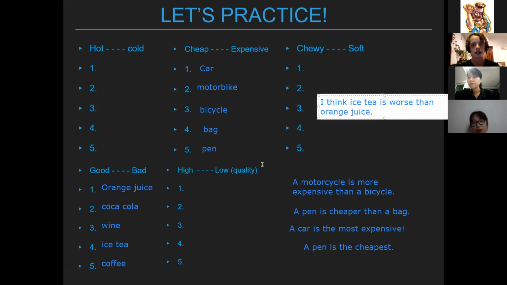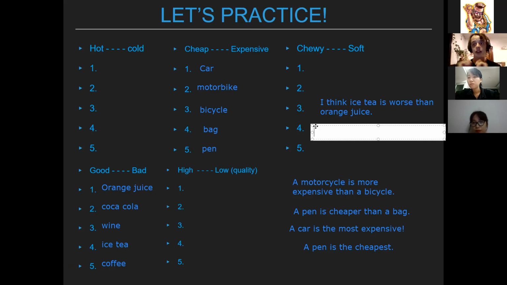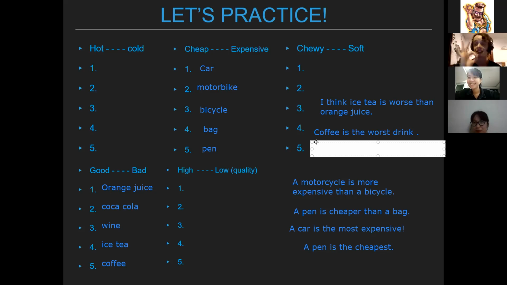Good. Okay. So Hang, could you give us a superlative using bad? A superlative. Coffee is the worst drink. Oh, sad. How sad. Breaking my heart right now. Me too. So sad. I don't want to hear that. All right. But Hang, excellent grammar. Great job.